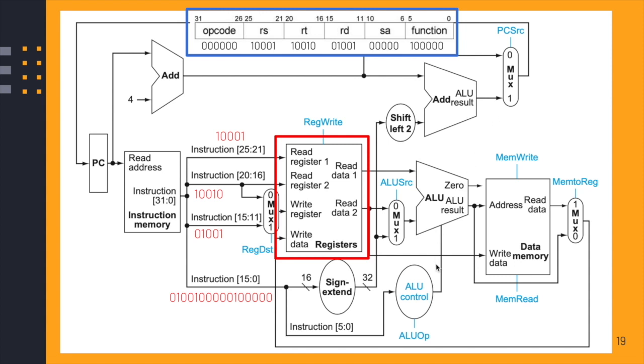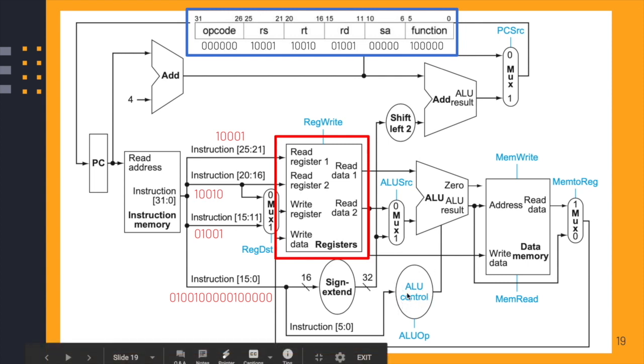The second thing, the ALU control, if you can see, takes the instruction bits 0 to 5 to determine which ALU operation to take. I did not mention it because I wanted to leave it for the end. As you can see, instruction bits 0 to 5 are being retrieved from this line. This line contains the instruction bits 0 to 15.